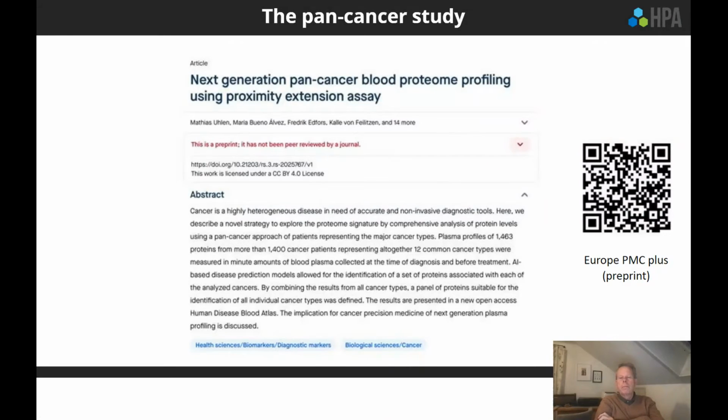And by the way, for those listening, if you're interested in that particular human disease blood atlas, go to proteinatlas.org, and then you'll see panels of all the different atlases that they have. And it's just one click away as far as choosing the disease blood atlas.